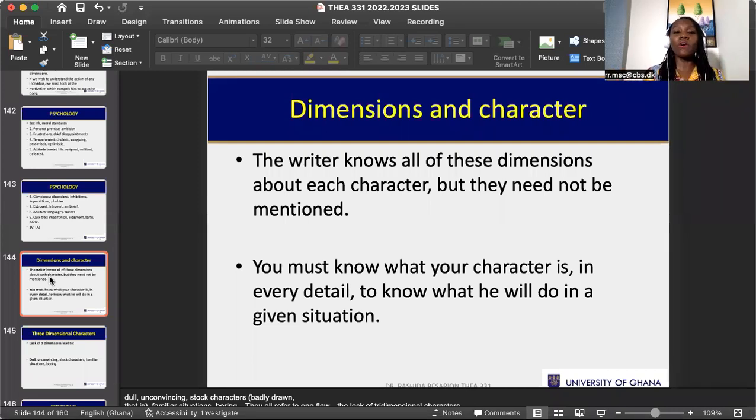Because you wouldn't want to have unconvincing characters who are behaving in this way at one time, and then make a certain decision that is totally uncharacteristic of them. People will see the characters as badly drawn or stuck or just unconvincing and dull.